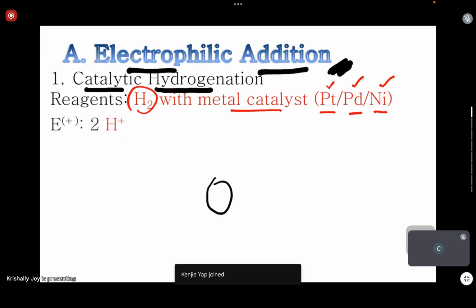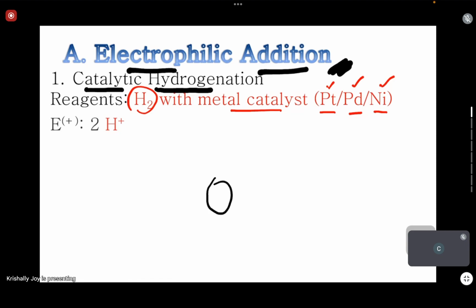They will not cause any other reaction that is not part of electrophilic addition, but they will speed up the reaction. They will facilitate the reaction para mag-proceed. Yan lang yung use ng mga catalyst. They speed up the reaction.